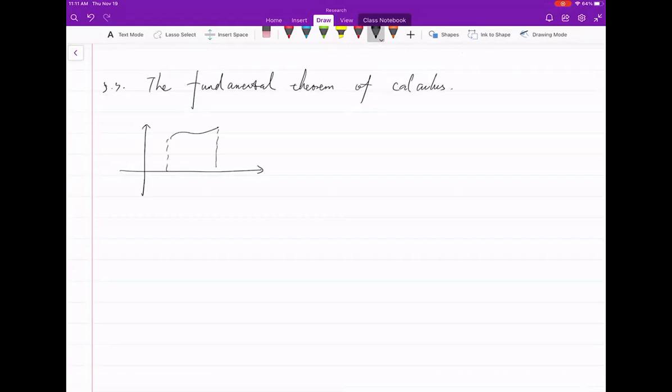We said if you try to find the area from A to B, what I can do is I can actually name this one to be X and let the right end start moving. So as this X changes, the whole area is going to change. Now what I'm asking is what's the changing rate of the area?